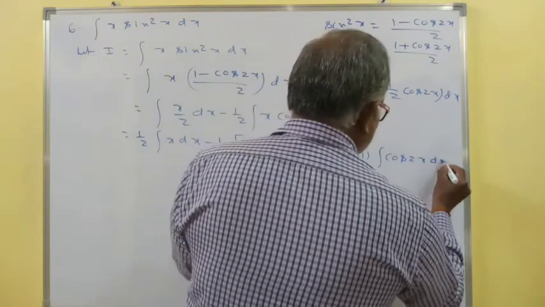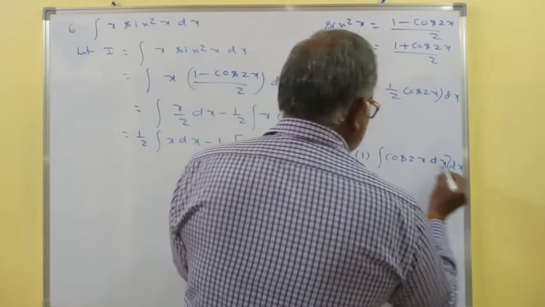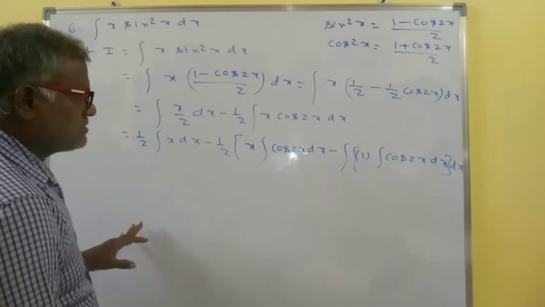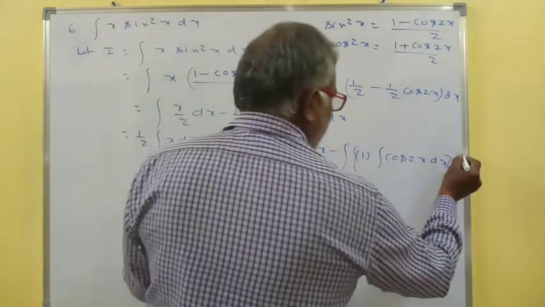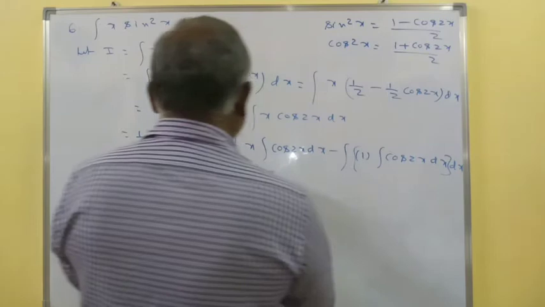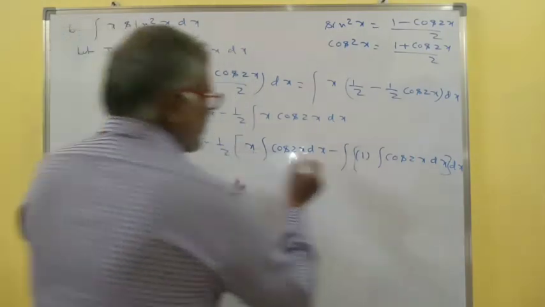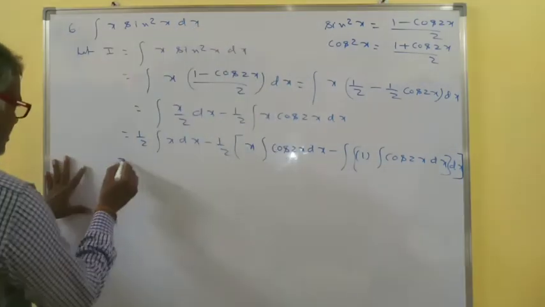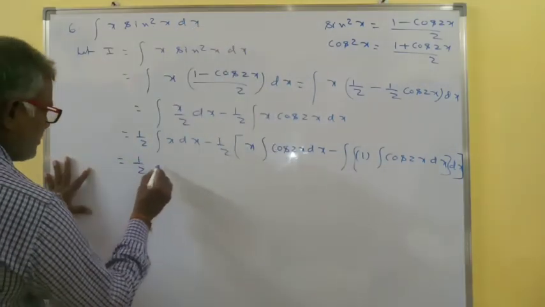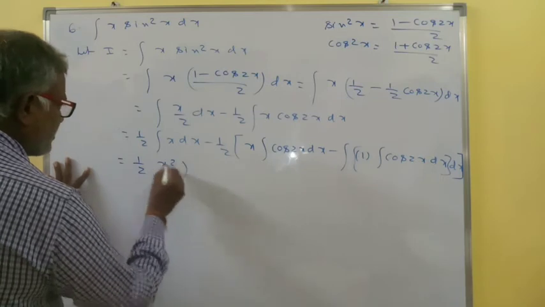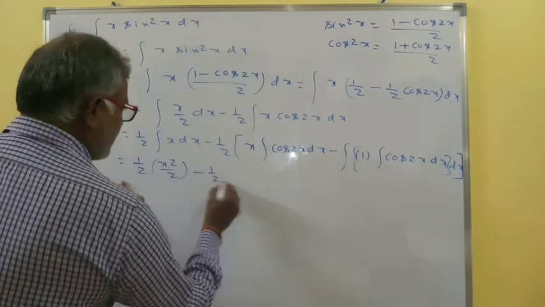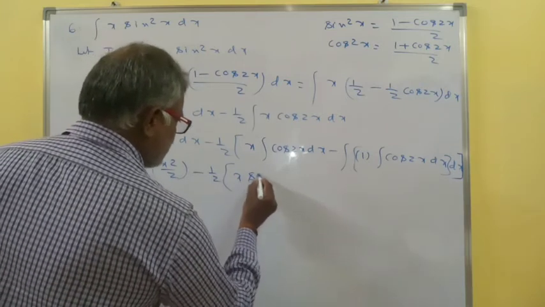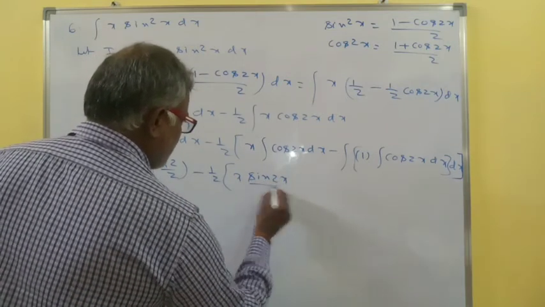cos 2x dx, totally with respect to dx. So next here totally 2 into, okay, 1 by 2. So finally this is the total: 1 by 2 into x square by 2 minus 1 by 2 into x into integral of cos x, sin 2x by 2.